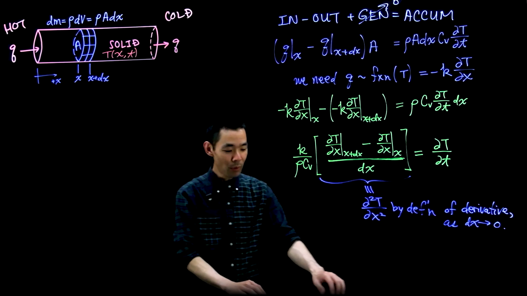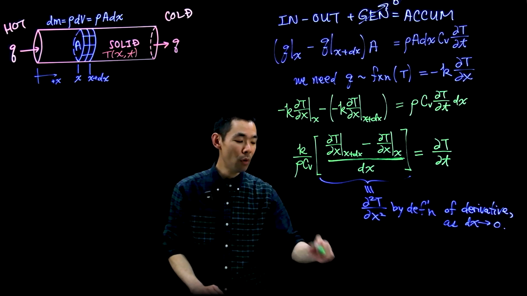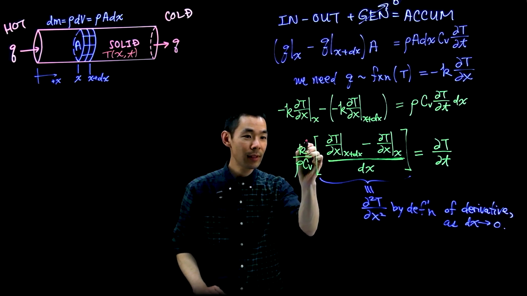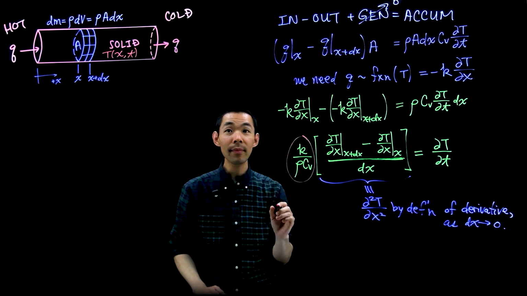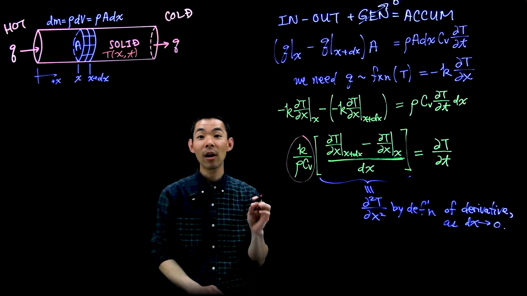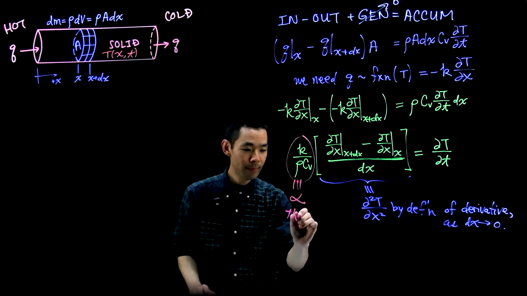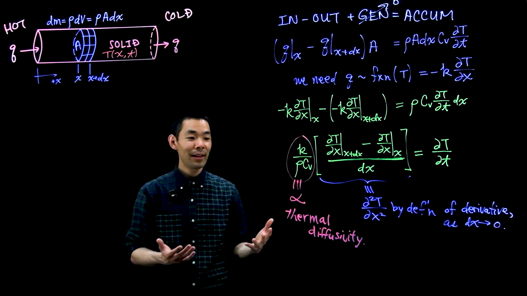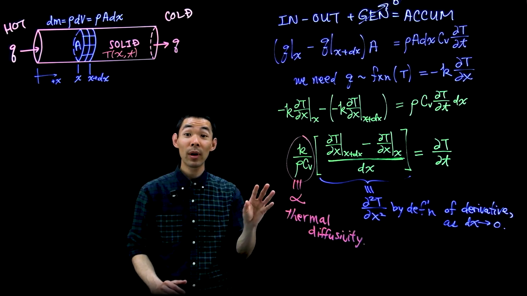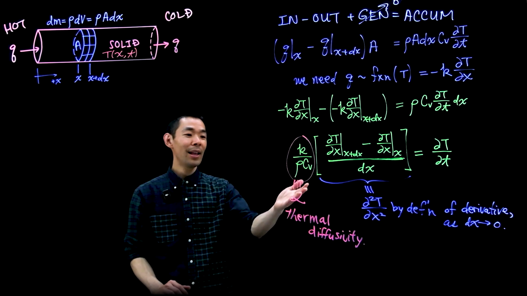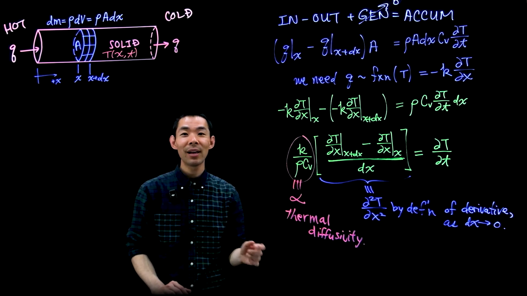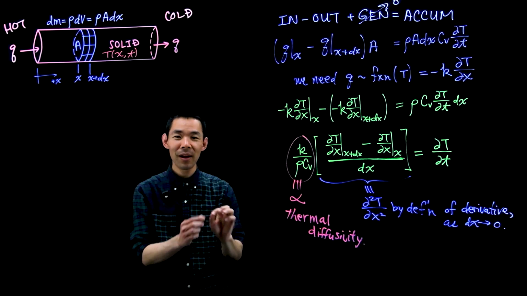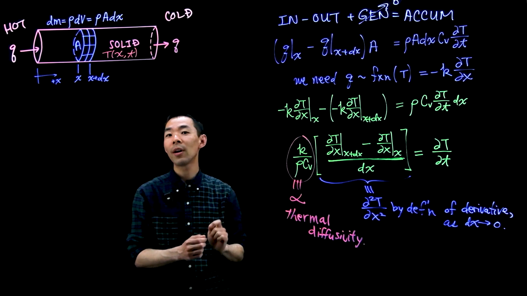Now, one last point, a lot of times people will write this combination of terms as a material property called the thermal diffusivity. It's got units of meters squared per second, and it is a measurement of how diffusive energy and heat is across that material.